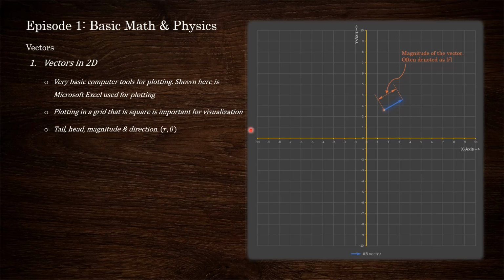And the angle theta, let's see, how do we define this correctly? Let's extend these lines and draw a horizontal. An angle of that vector is defined as the angle from the horizontal to that heading direction. It is not an angle between the horizontal and the vector.